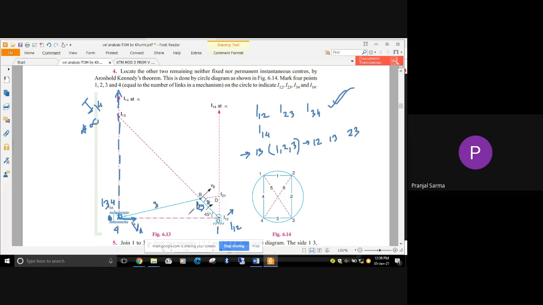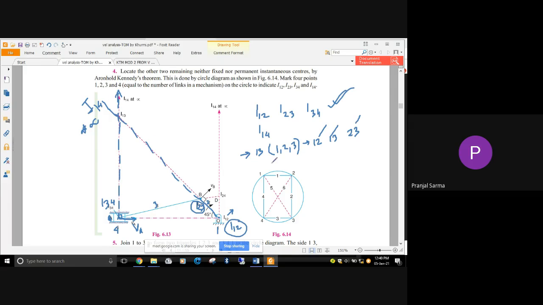I12 is already here, and similarly I23 is also located. I12 is here, I23 is here. So on the line joining them, I13 should also lie. I am drawing that particular line joining the other 2 instantaneous centers. That means on this line, I13 should lie.